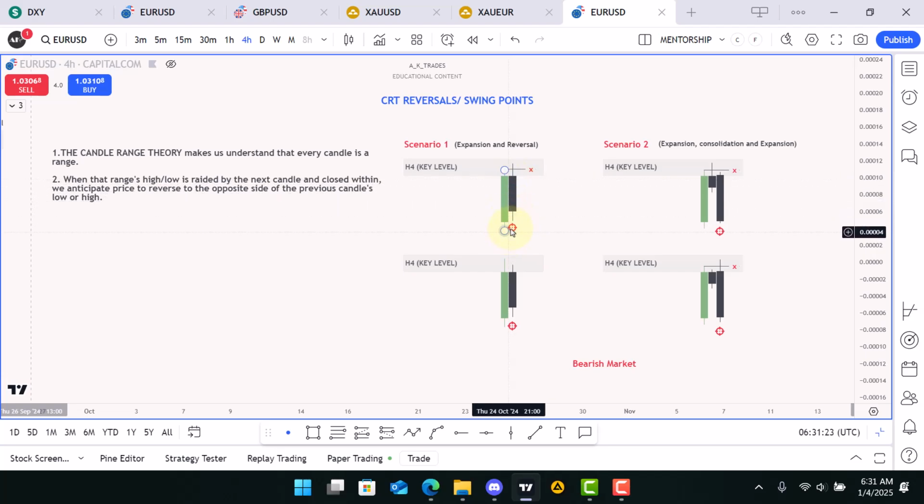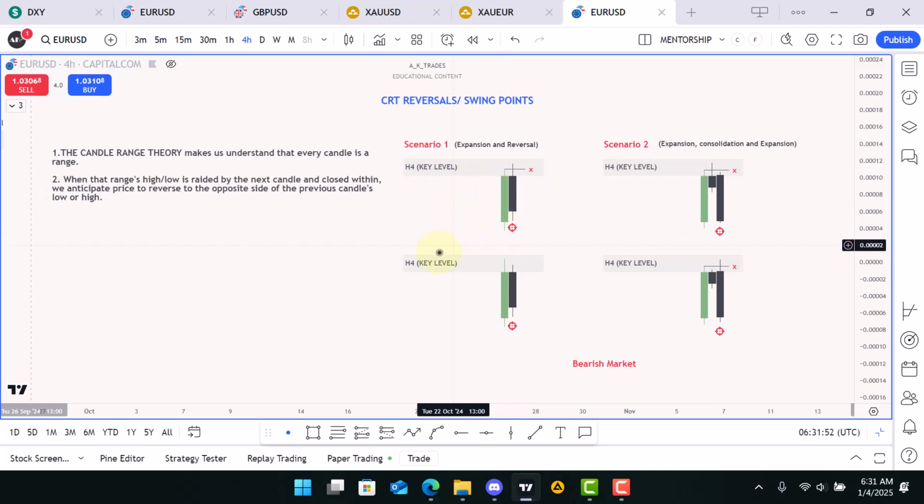When you look at these points, I've placed some icons to depict the targets we are trading. I am not interested in this candle because I'm in a bearish market. What I'm interested in is this expansion or reversal to my 4-hour external range liquidity or old low.